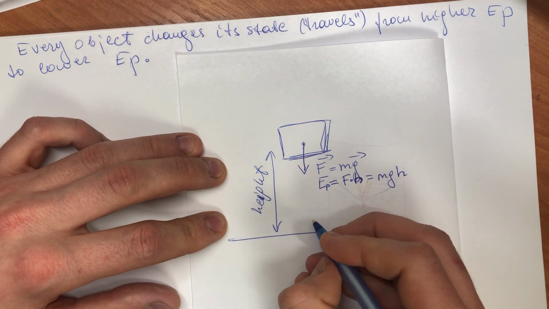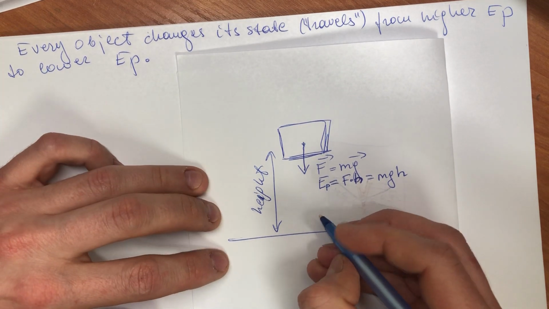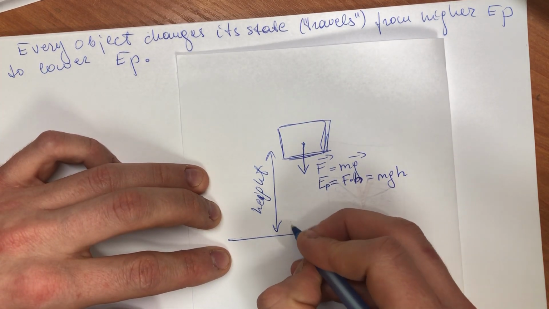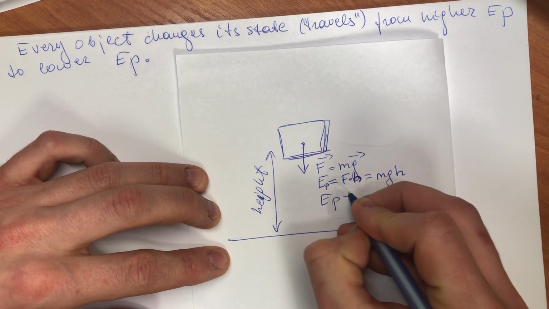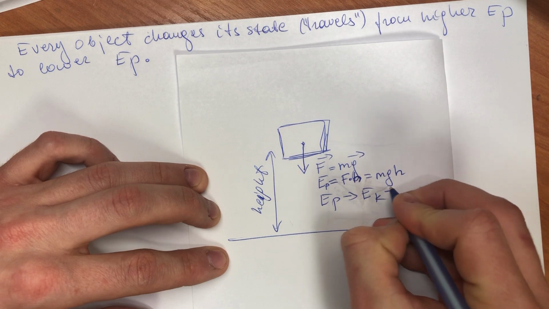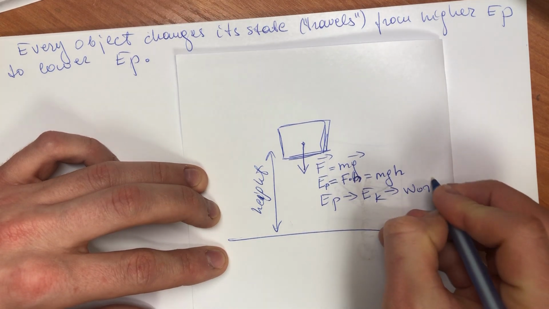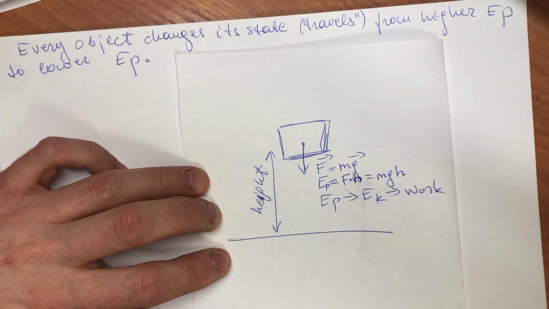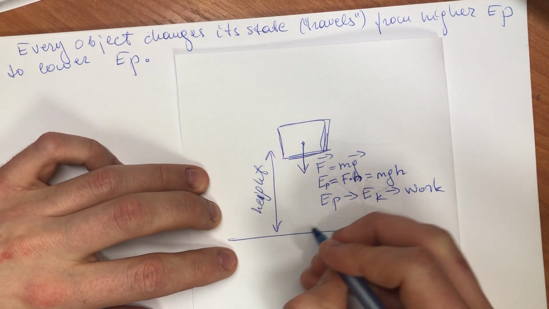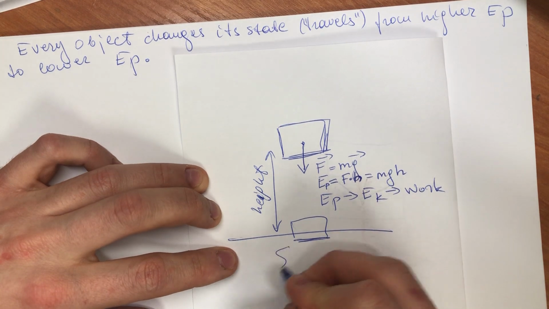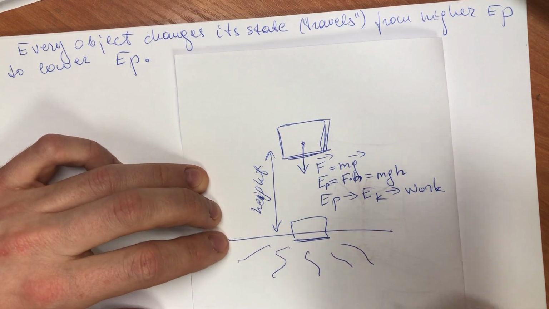And when the box is falling down, what's happening? Potential energy is turning to kinetic energy, and kinetic energy is turning to work. This box hits the ground and breaks the surface.